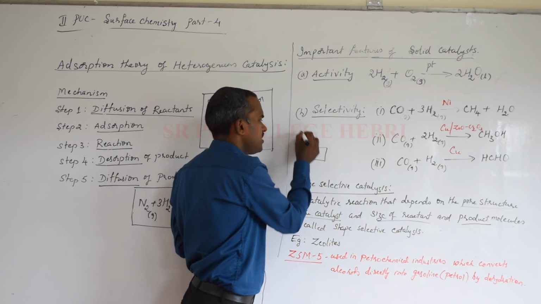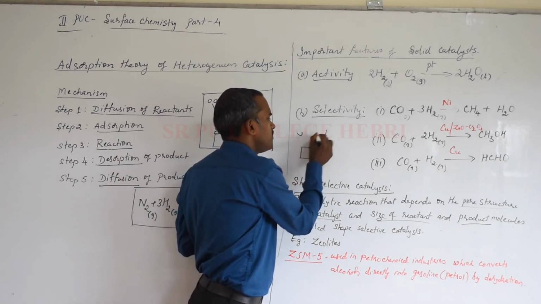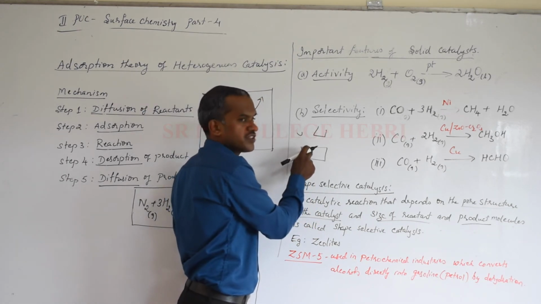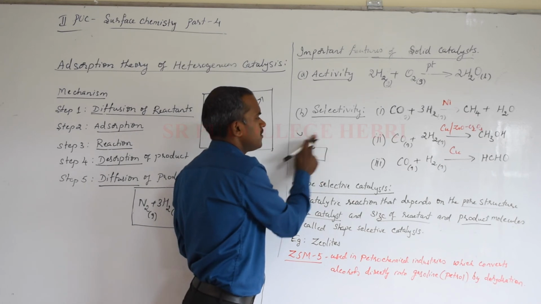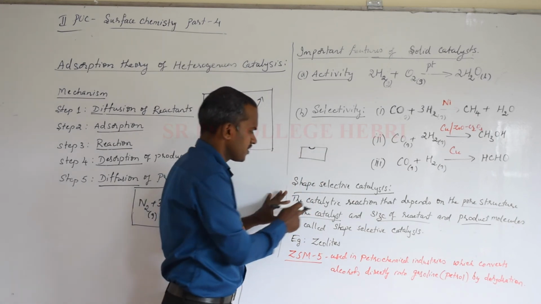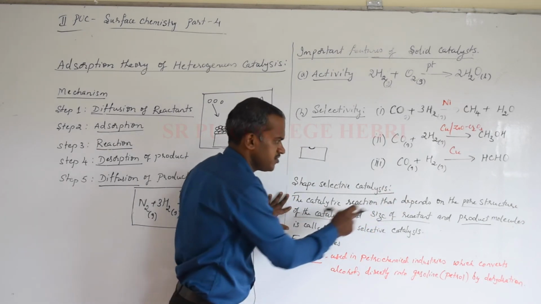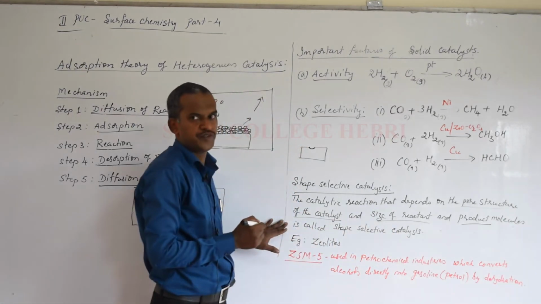Suppose there is a reactant here which may have an edge like this, or one more which has an edge like this. Among these two, which can combine depends on the pore size. So it is easy to remember: in shape selective catalysis, the catalytic reaction that depends on the pore structure of the catalyst and the size of the reactant and product molecules is called shape selective catalysis.